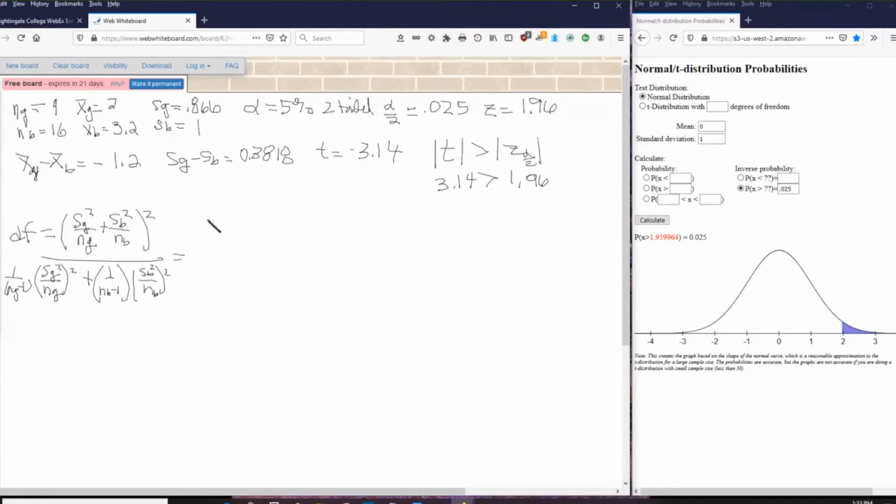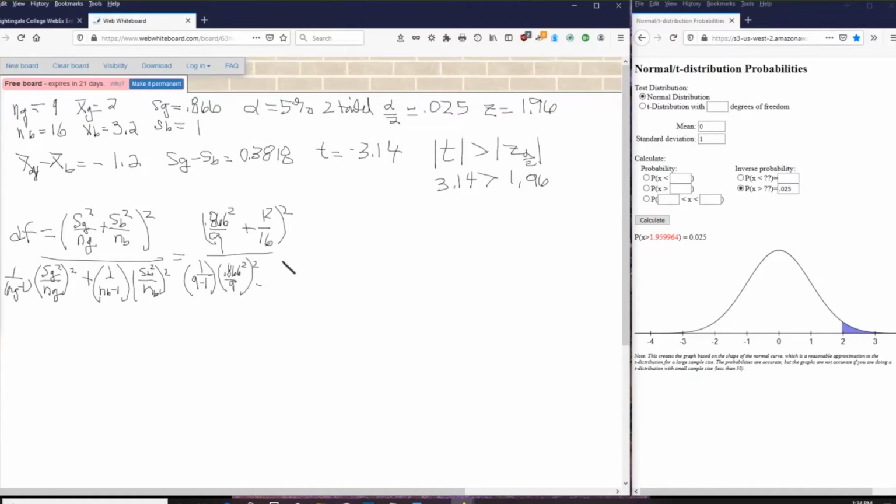We're going to plug in those numbers, so that's going to be 0.866 squared for the girls all over 9 plus 1 squared over 16 for the boys. Take that quantity squared. And on the denominator, we're going to have 1 over 9 minus 1 times 0.866 squared all over 9, and this whole quantity is going to be squared.